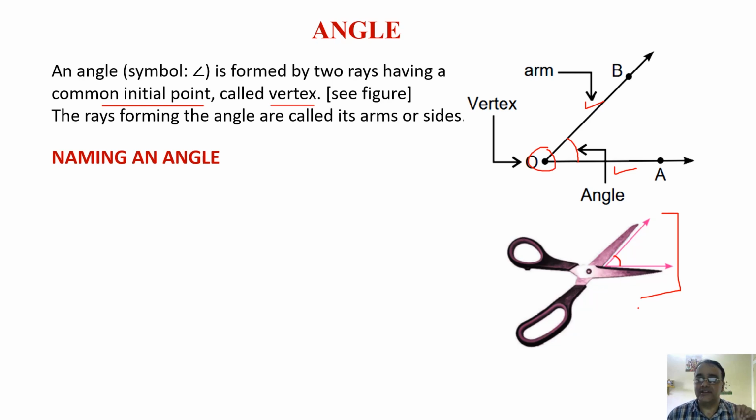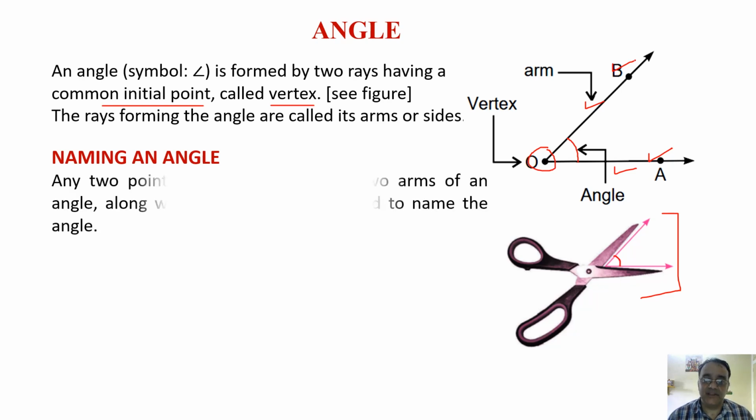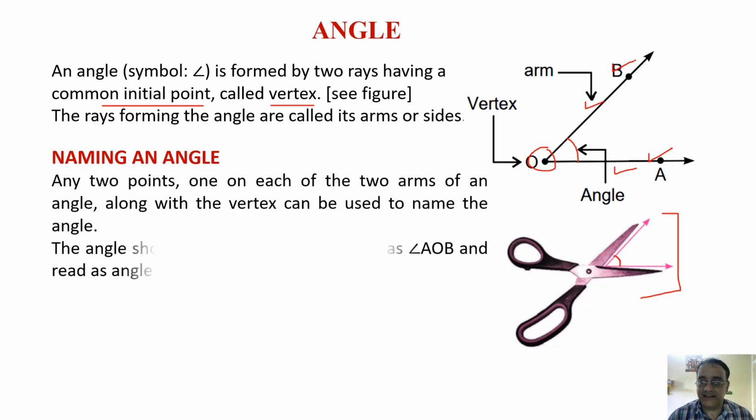Any 2 points, one on each of the 2 arms, see, here there is A and here there is B, along with the vertex can be used to name the angle. The angle shown in the figure is written as angle AOB, and it is read as angle AOB.